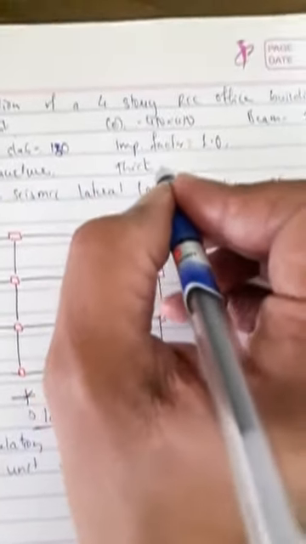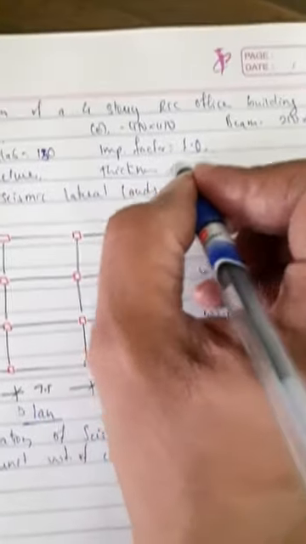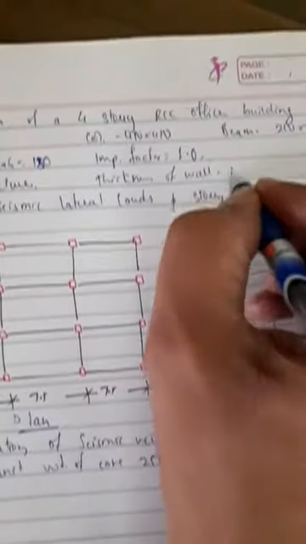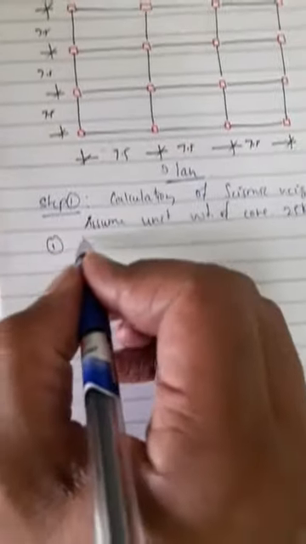Sorry, here thickness of slab is 150 mm and thickness of wall is given as 120 mm. So first let us start with slab.